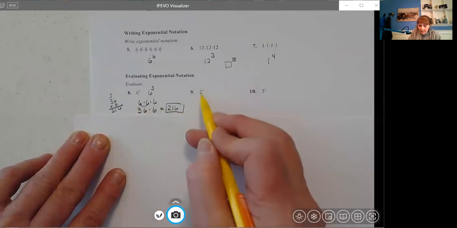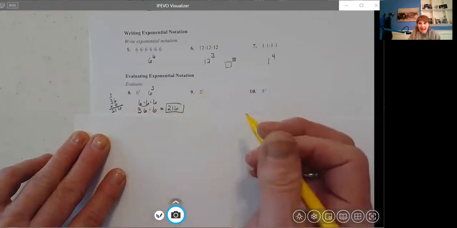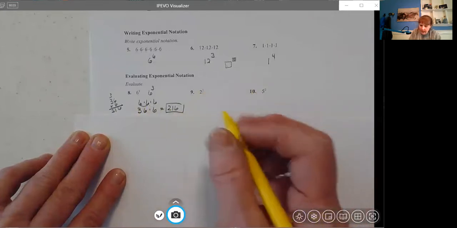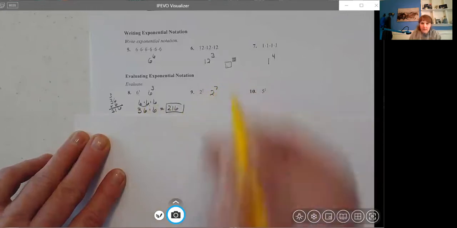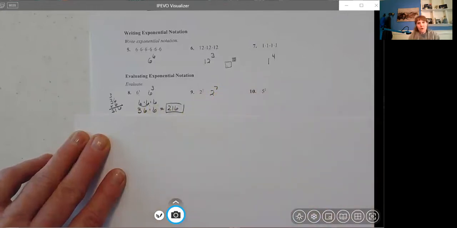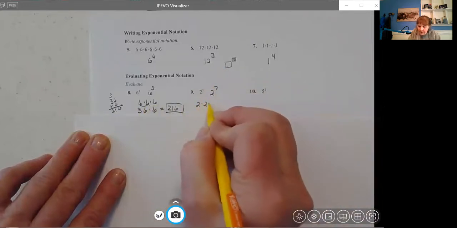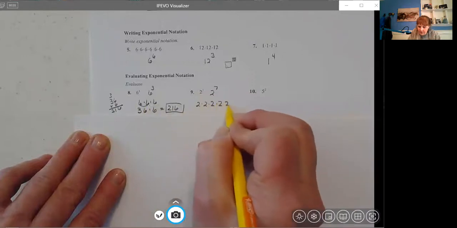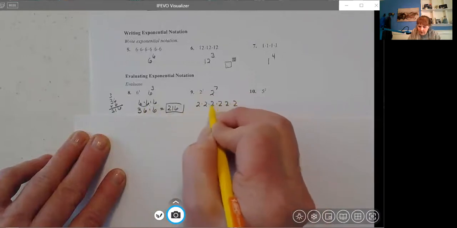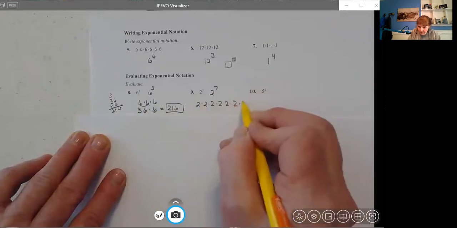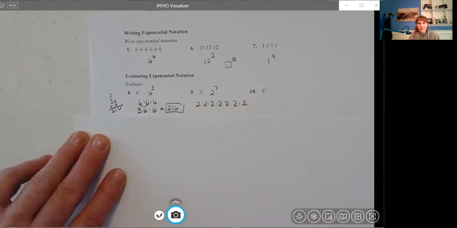Now this one right here, 2 to the 7th, is not 14. Don't do that. Here, let me write it a little bit larger. It's read 2 to the 7th. 2 to the 7th means take 2 times 2 times 2 times 2 times 2. 1, 2, 3, 4, 5, 6. One more. 7 times.